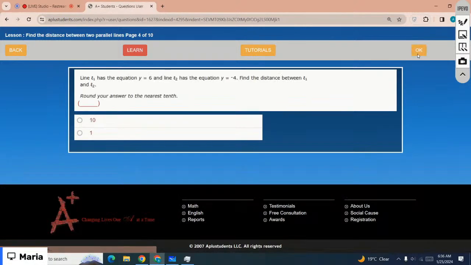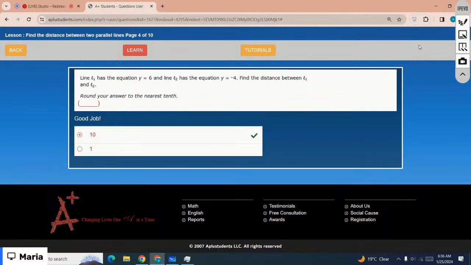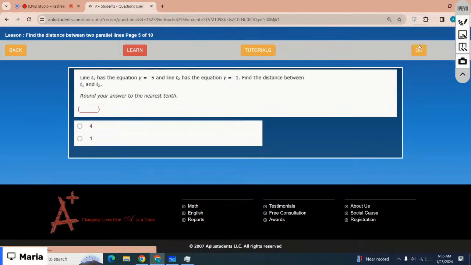The next one is line L1 has the equation y equals 6 and line L2 has the equation y equals negative 4. Find the distance between L1 and L2. So which is the correct option? The correct option is 10. Line L1 has the equation y equals negative 5 and line L2 has the equation y equals negative 1.